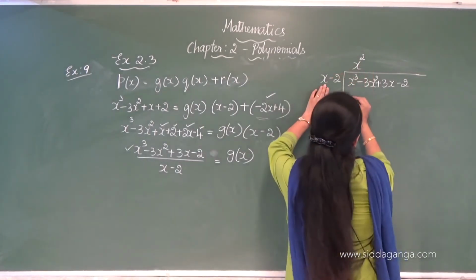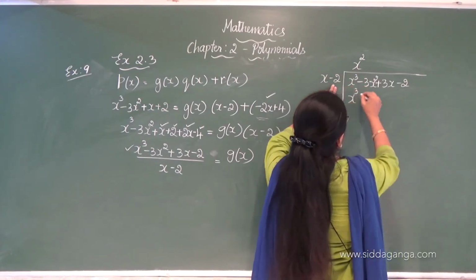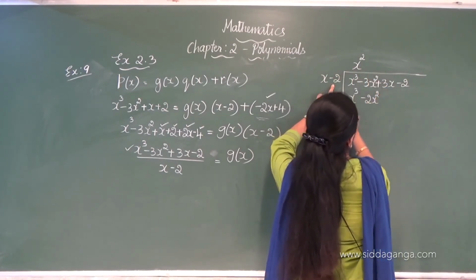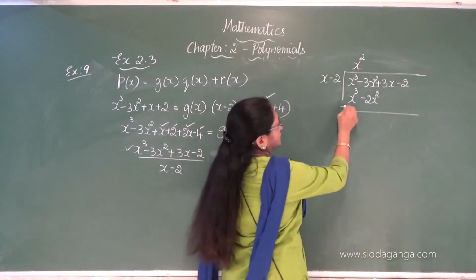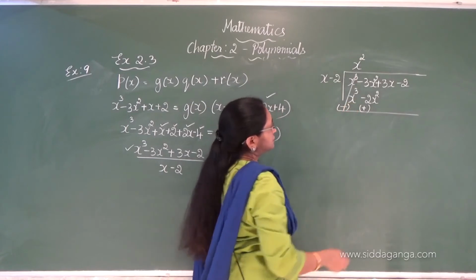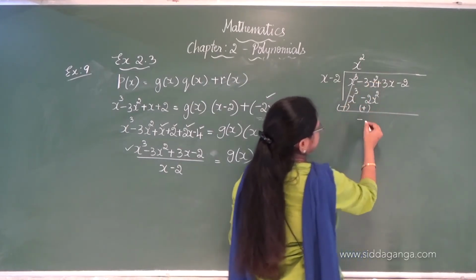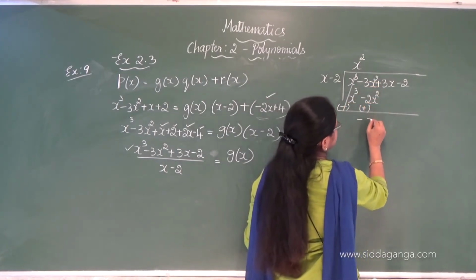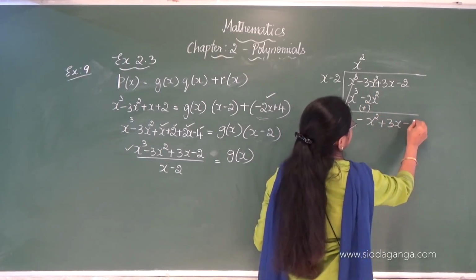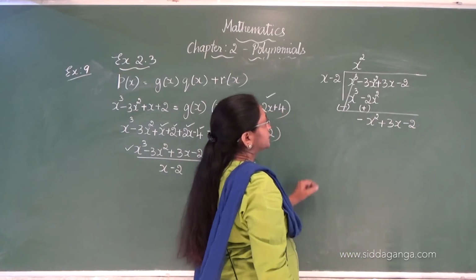So x square into x will be x cube minus 2x square. When you change the sign, this gets cancelled. Your greater number sign is minus. Minus 3 plus 2 gives minus x square, plus 3x minus 2.